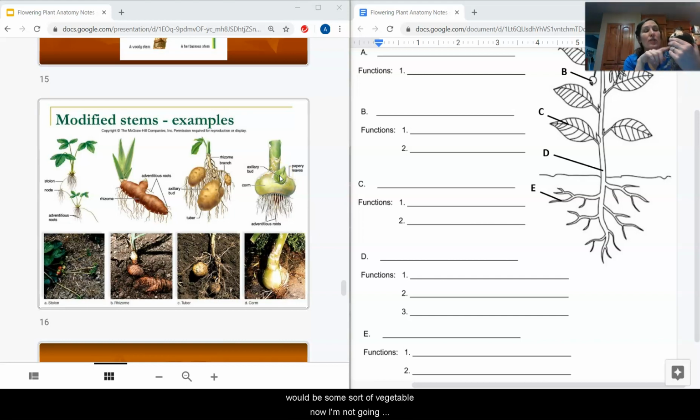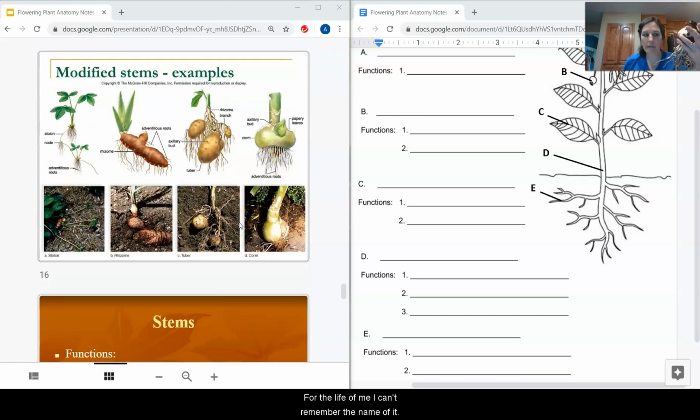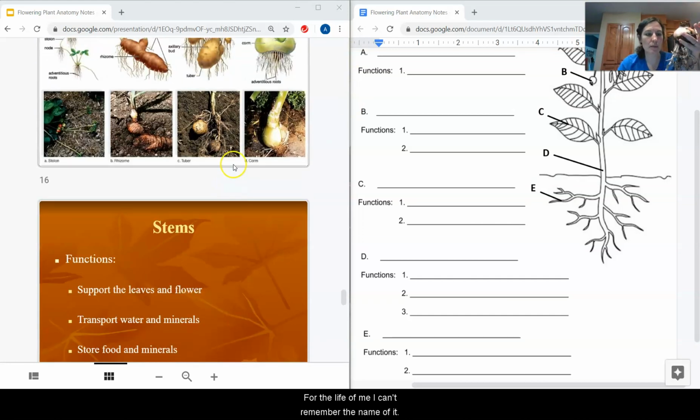Now, I'm not going to try to eat it, but it almost looks like an onion, okay? So you can see that growing underneath the soil, part of the root was this huge, I guess, bud. And so that would be an example of something different. So this, again, the stem was up here and we cut it off and it had beautiful flowers, very, very tall. For the life of me, I can't remember the name of it. Should have called Miss Desmond and asked her.